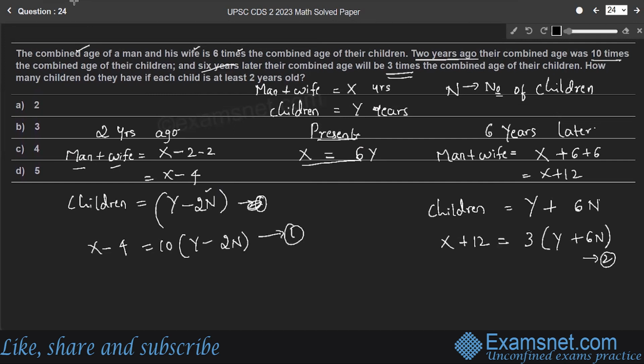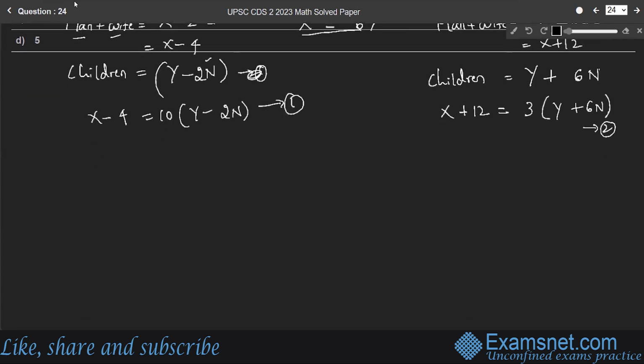If you solve this, X minus 10Y plus 20n is equal to 4. Equation 2 becomes X minus 3Y minus 18n equals minus 12.